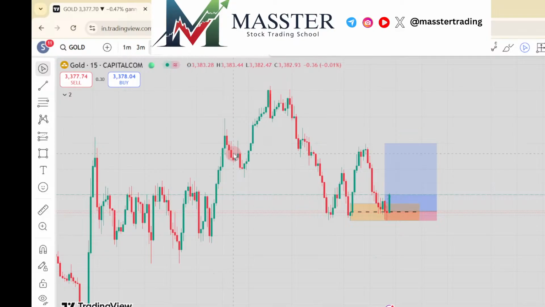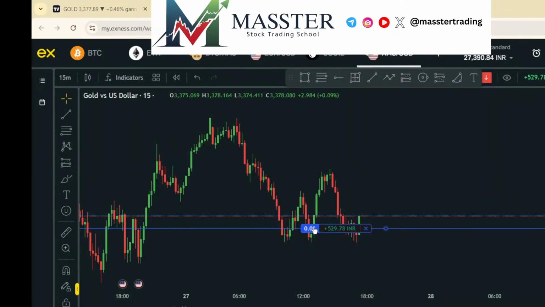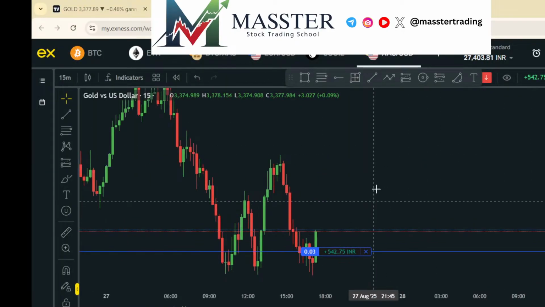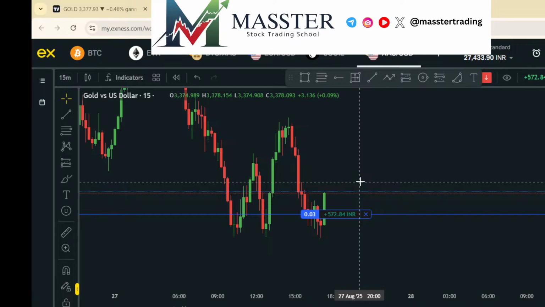The moment is just wow. We captured it. If we see in the terminal exchange, we can see here it was tested three times.